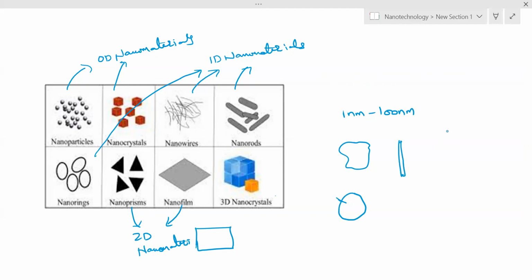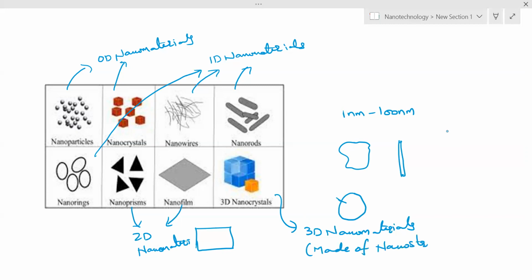And we have finally 3D nanocrystals. These are three-dimensional nanomaterials. How are these different? Because these 3D nanocrystals are made of nanostructures.